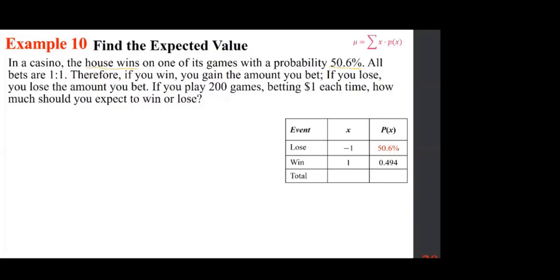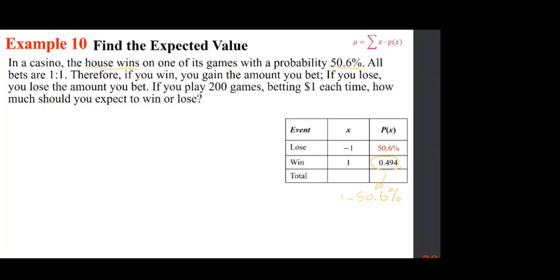Now, if this is the case, what is the probability of winning and the amount of winning? Well, we are playing with $1, let's say, or however much. So that would be x, but what is the probability of winning? 1 minus 50.6%, or 0.506. So the answer is 49.4% or 0.494.